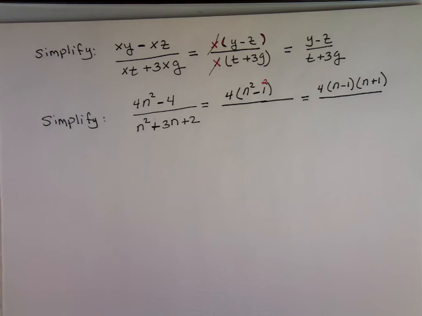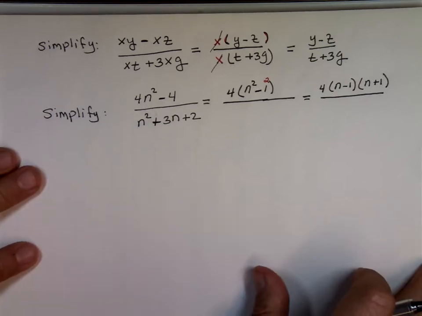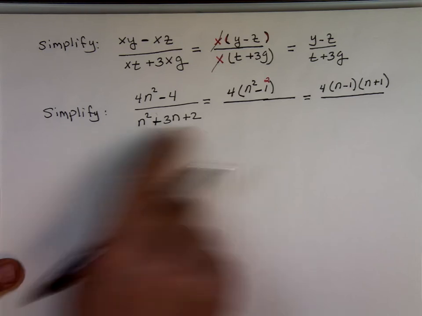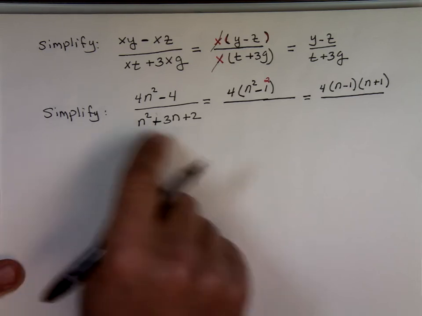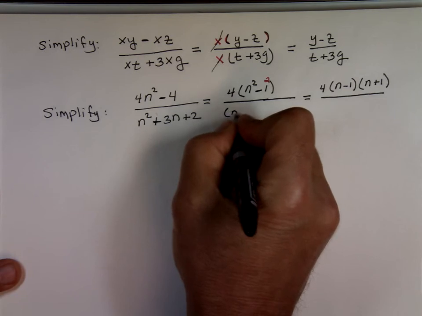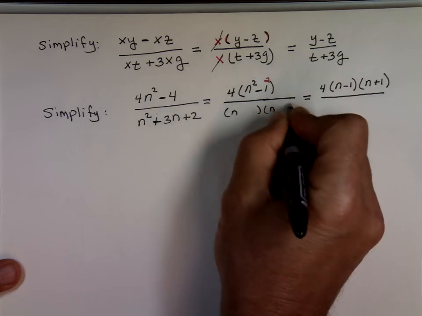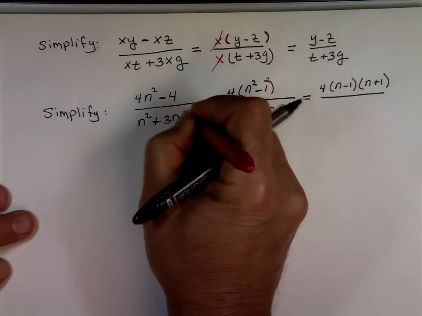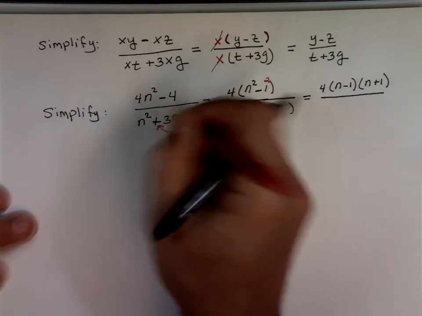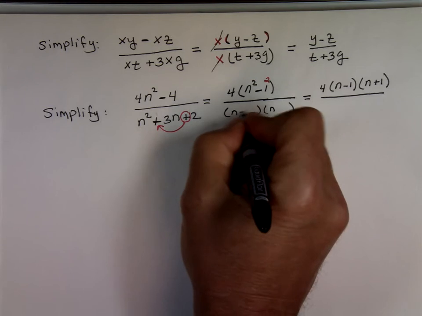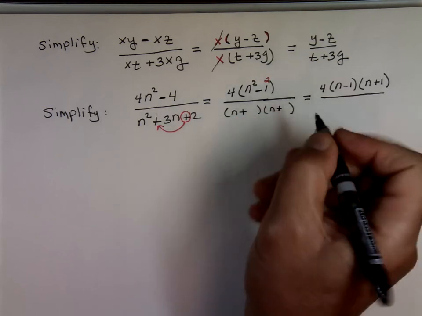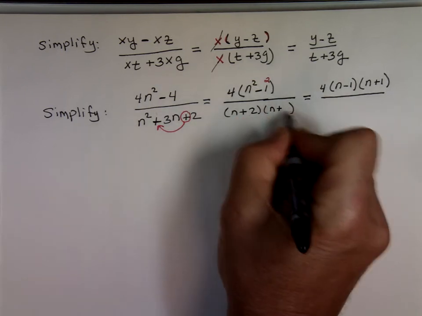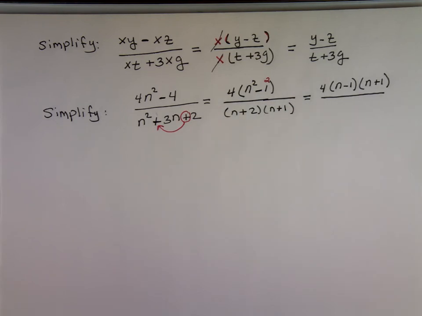Now let's look at the bottom. Is there anything common here to factor out? The answer is no. N squared, that means what? N and n. And this sign is a plus. That tells me both signs will be the same as this one. So they're both going to be positive. And the 2 is 2 times 1. And that'll give me 2n plus 1n.